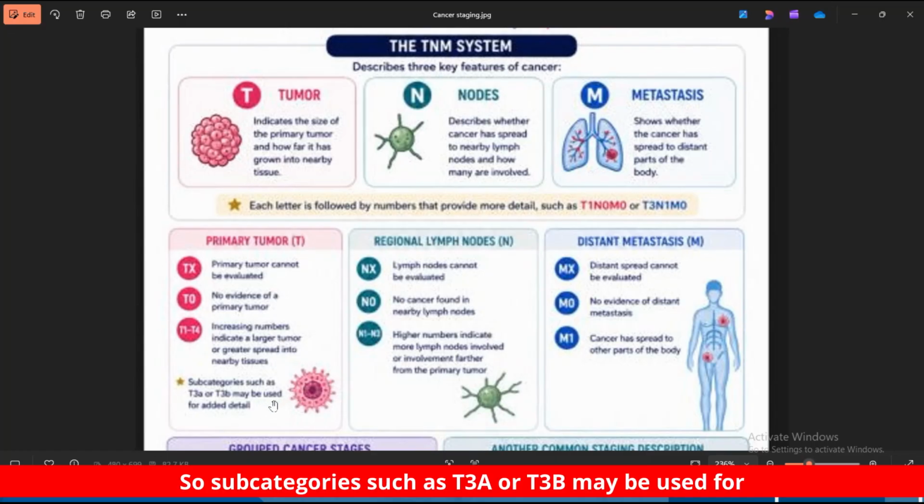Subcategories such as T3A or T3B may be used for added detail based on the documentation. So here we have T1. T1 means the patient has cancer, but the tumor size is very small.